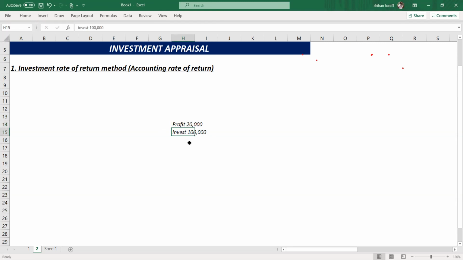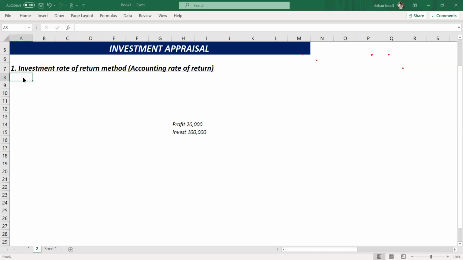What is the return on investment? How much is the return on investment? Tell me. 20%, right? Return on investment means you have to find out the percentage, right? 20,000 divided by investment into 100%. So that is what we learn from investment rate of return. Very simple, right? 20%, correct.